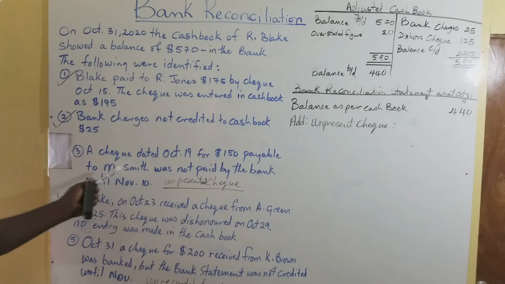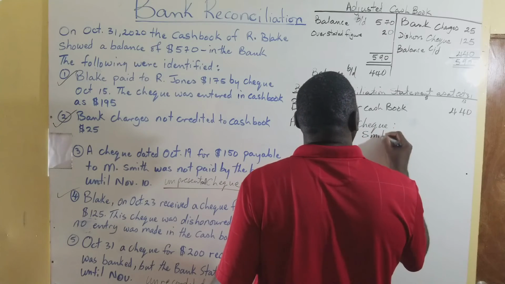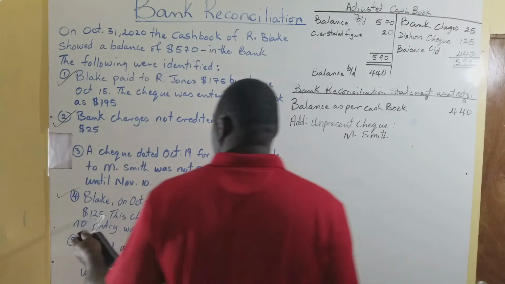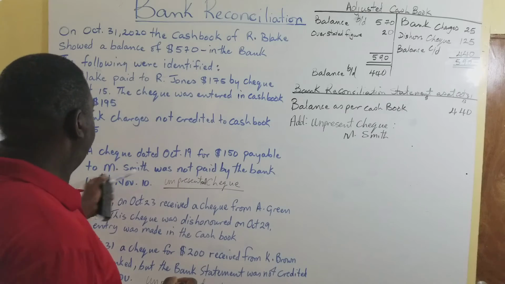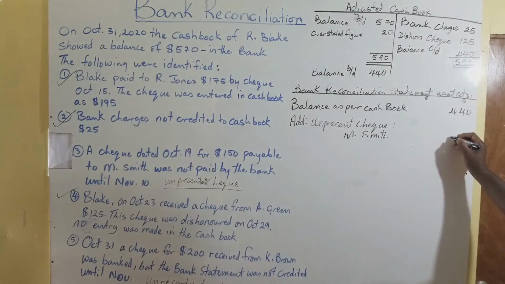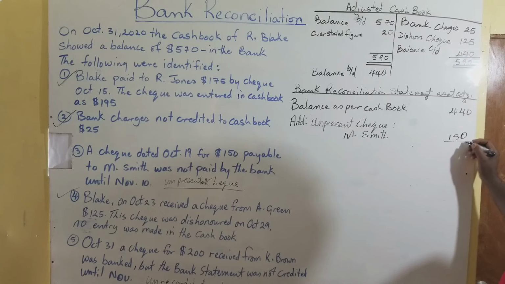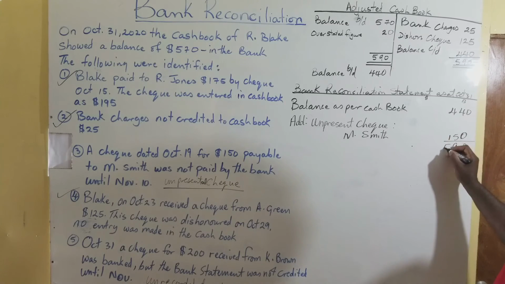It is M. Smith. The amount of money relating to that would have been 150. So we'll record it here, 150. So we add. This is going to be 9. This is going to be 5.